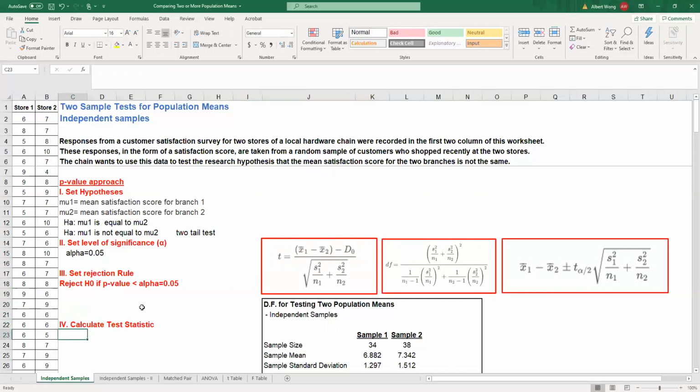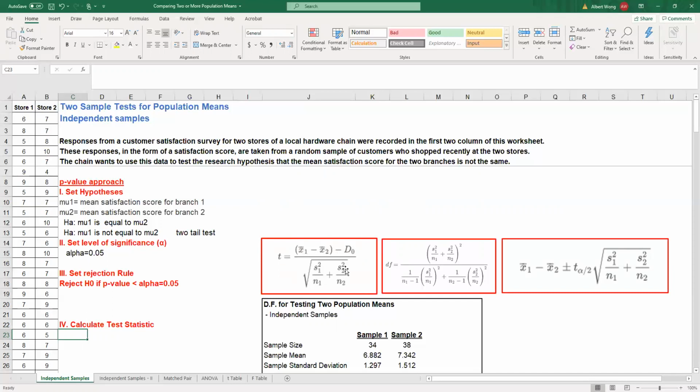Now, most of the work, of course, is done in the fourth step, which is to calculate the test statistic and then the p-value. The formula for calculating the test statistic is x1 bar minus x2 bar minus D0, over the estimate of the standard deviation, which is the square root of S1 squared over N1 plus S2 squared over N2.